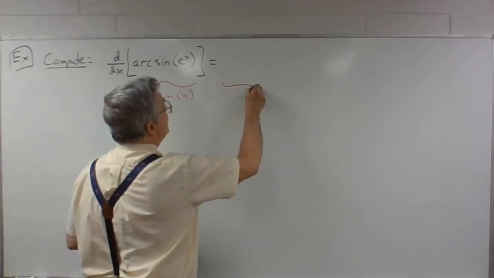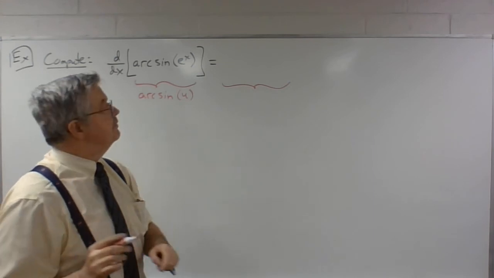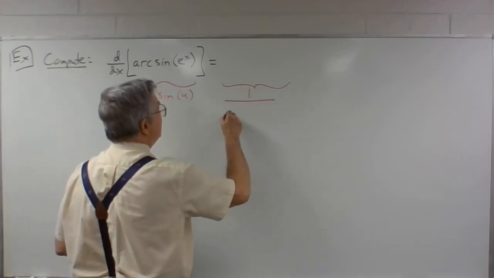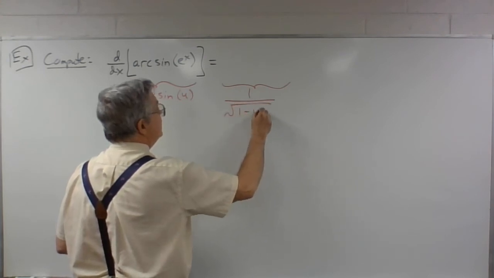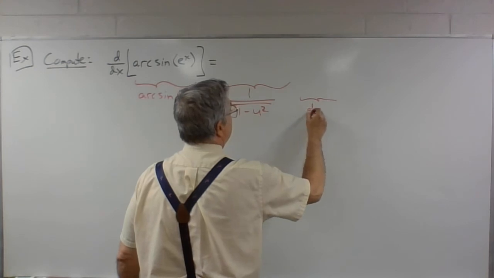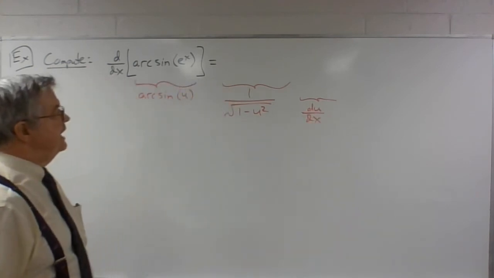And we know what we're supposed to get because we've memorized our derivatives. We're supposed to get 1 over square root of 1 minus u squared times du dx.